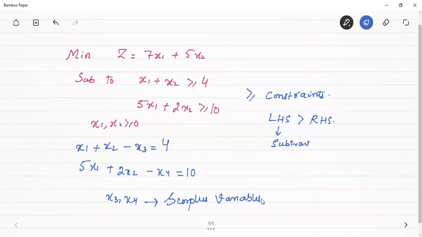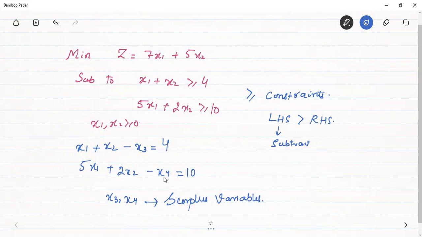But we can't only take into account the surplus variables. This is not the complete conversion of the problem. For these constraints, we have to do something more, but I will go step by step. First of all, I will tell you why introducing x3 and x4 is not sufficient for our problem.